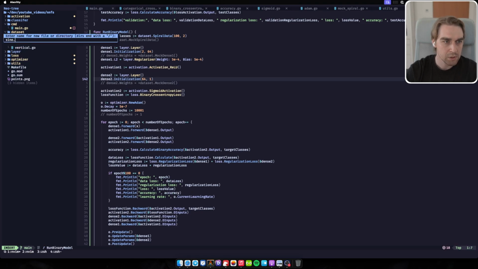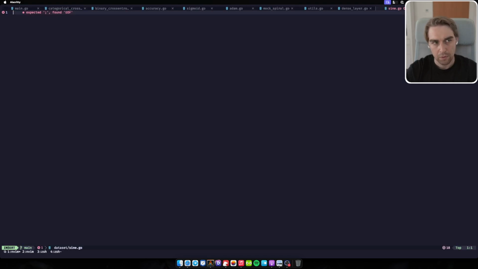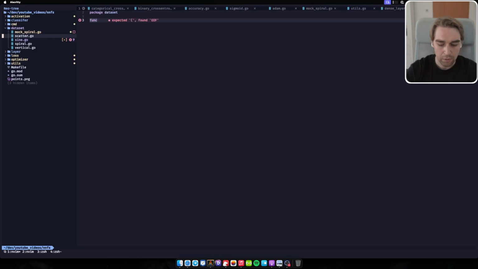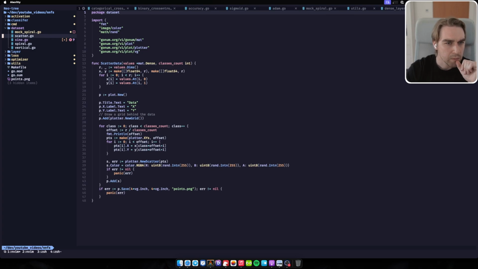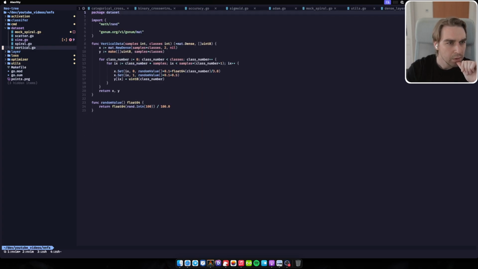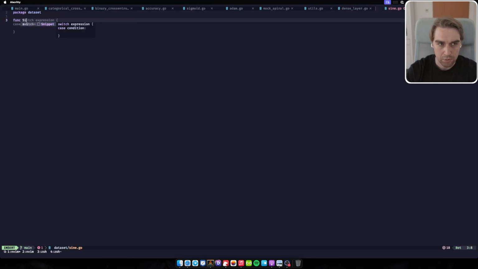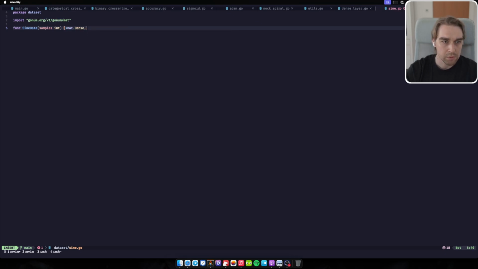So right now we have this sine in Go, right? What do I need? Func, how did I declare the previous ones: scatter data, spiral data, vertical data. Okay, that will be sine data, and it takes the number of samples, samples int, and it returns a tuple.